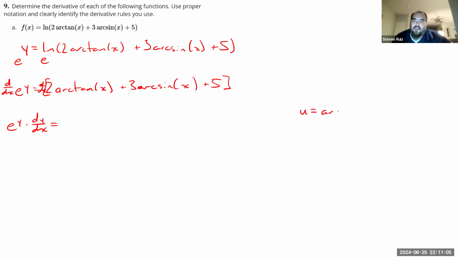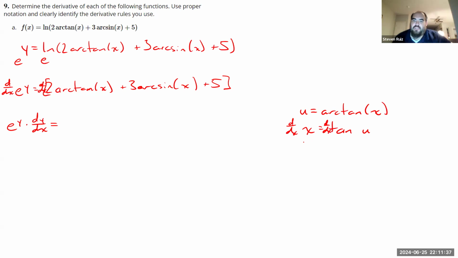If u equals arctangent of x, we don't really have a good derivative for arctangent, so let's rely on inverse trig functions here. If u equals arctangent of x, then that means that x equals the tangent of u. And now I can take a derivative of both sides with respect to x.